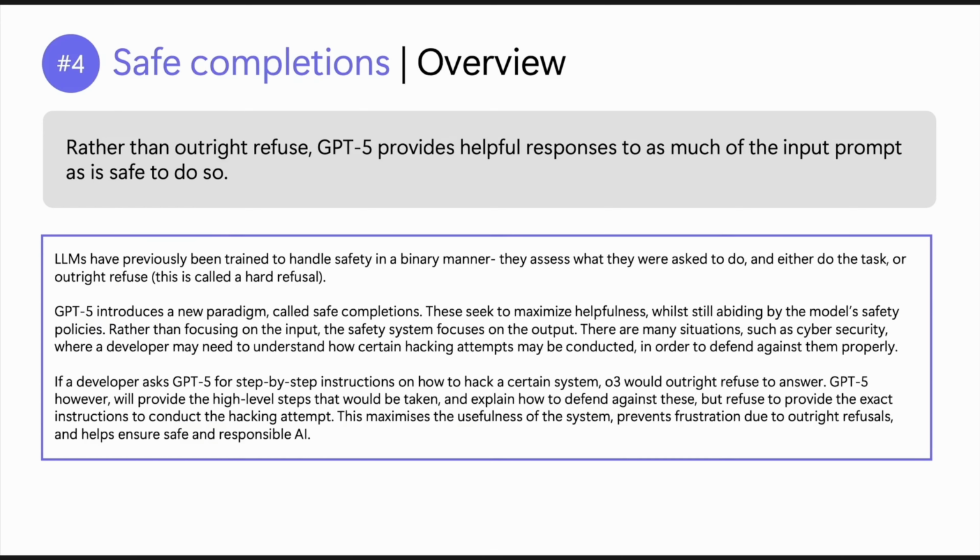It looks at how it can be as helpful as possible. So it could provide the high-level steps that would be taken and explain how to defend against them, but refuse to provide the exact instructions to conduct the hacking attempt. And this maximizes the usefulness of the system and prevents frustration, enabling safe and responsible AI.